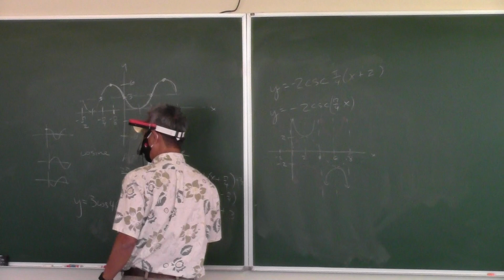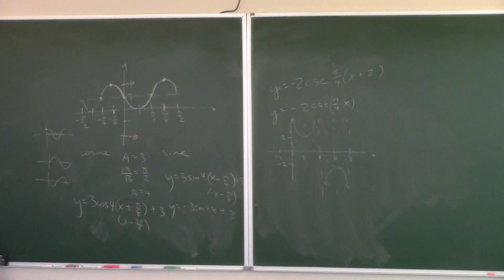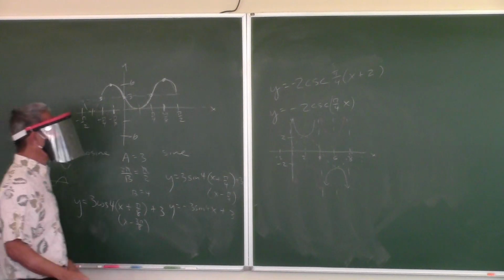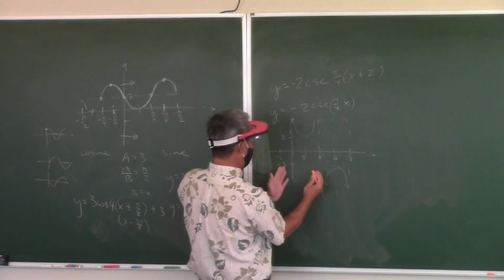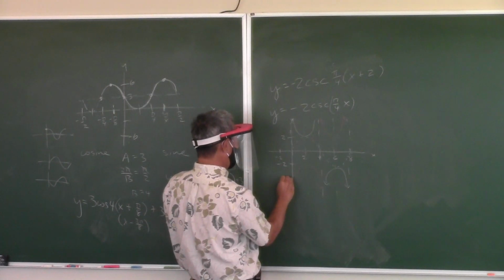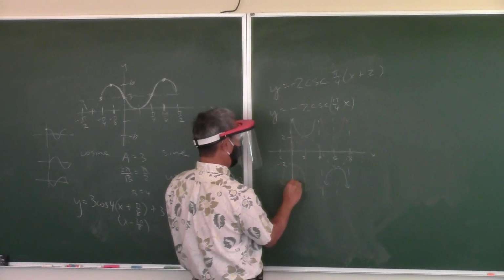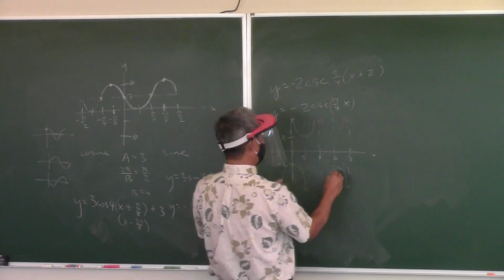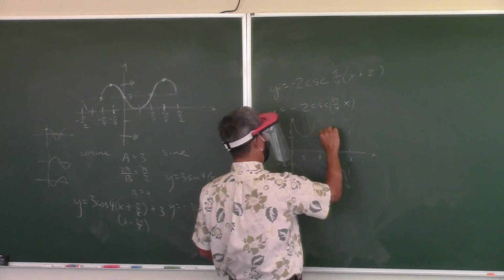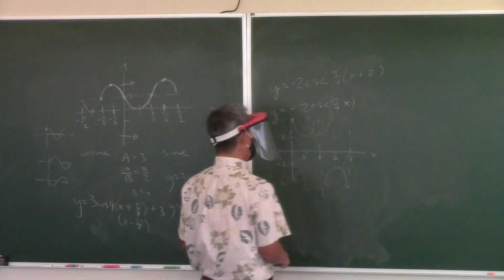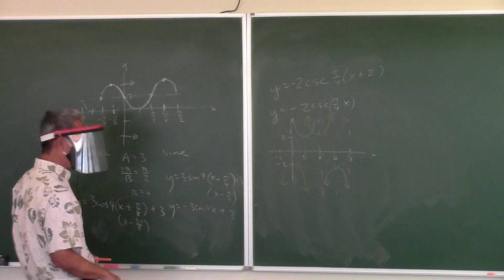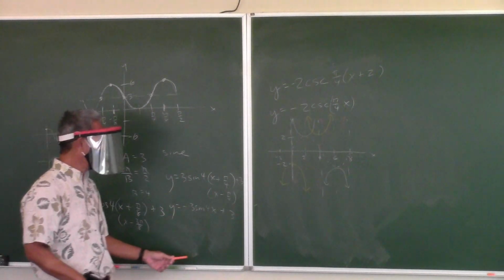And then the final masterpiece will be in orange. So this moves 2 to the left, so shwing. Oh, I've got so many colors here. Shwing. And there you go. The orange graph is the final product.